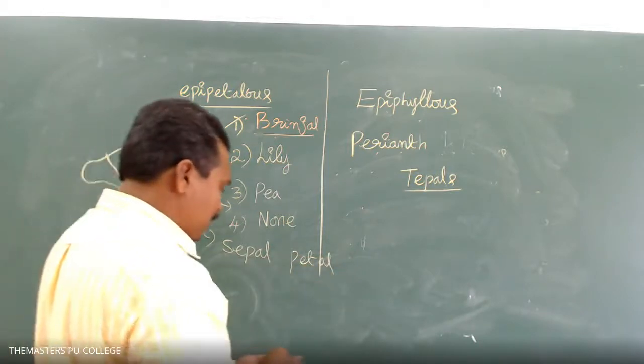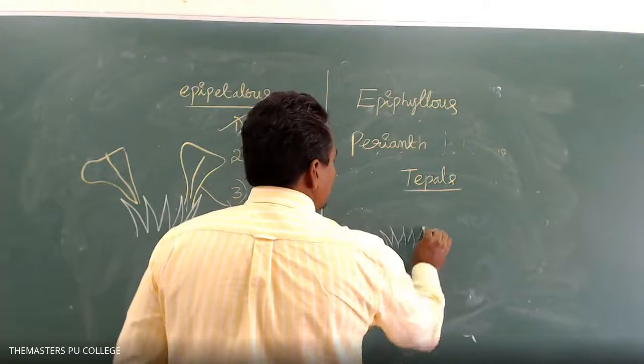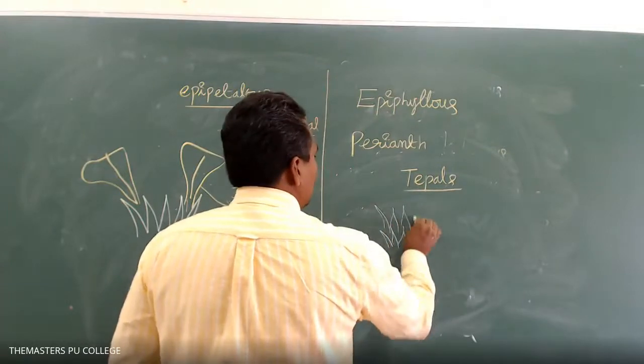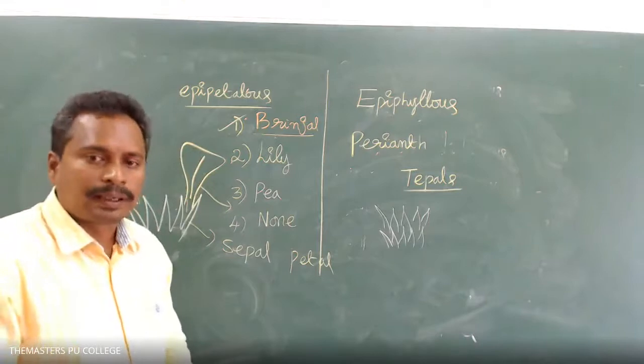If there is no differentiation, such members are called tepals. Perianth members are called tepals.